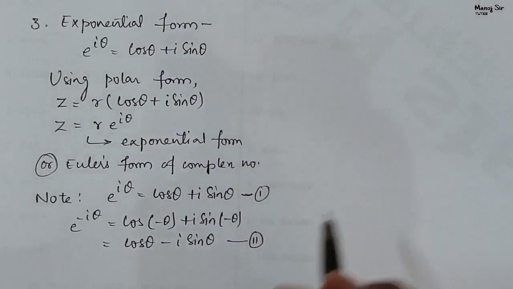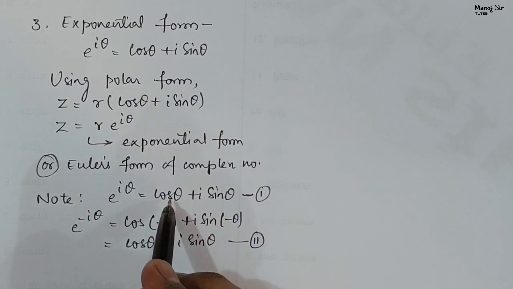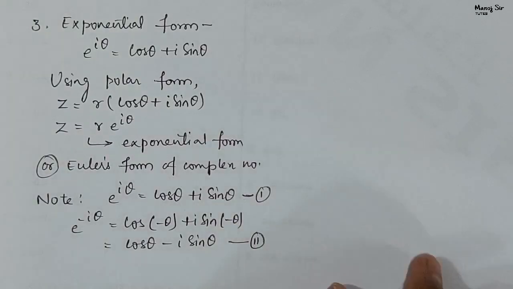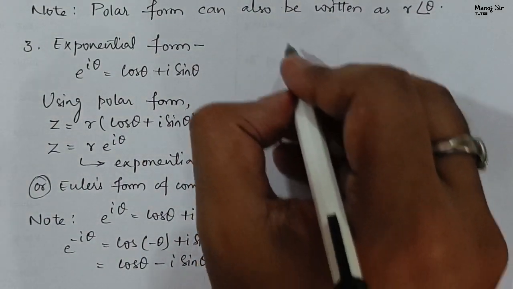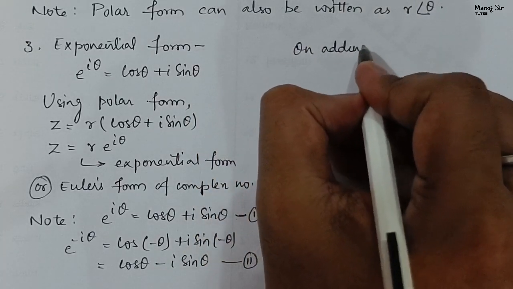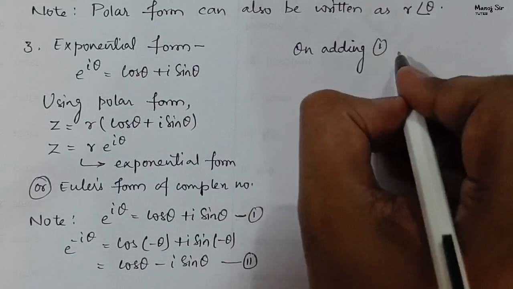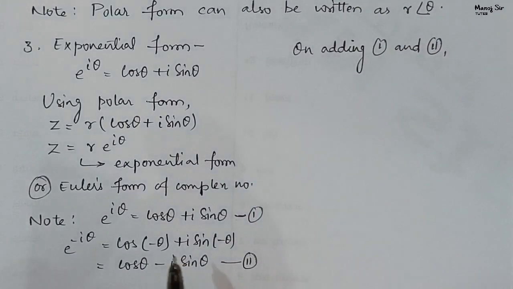First we want to find cos theta and sin theta. If we want to find cos theta, then we will add equations 1 and 2. On adding 1 and 2, we get cos theta plus I sin theta plus cos theta minus I sin theta.